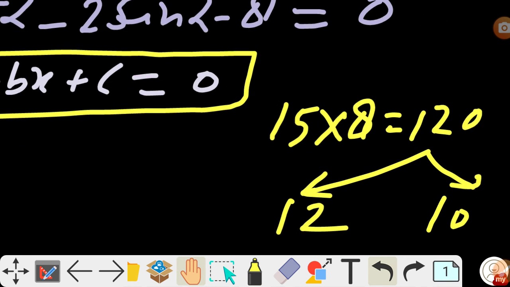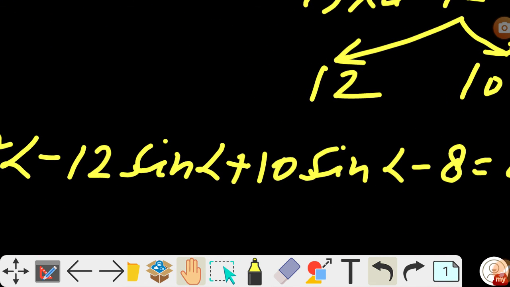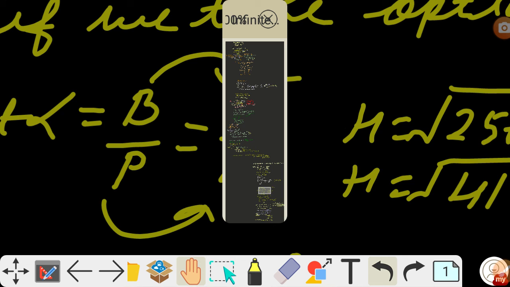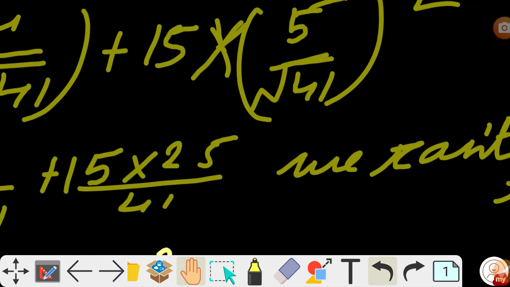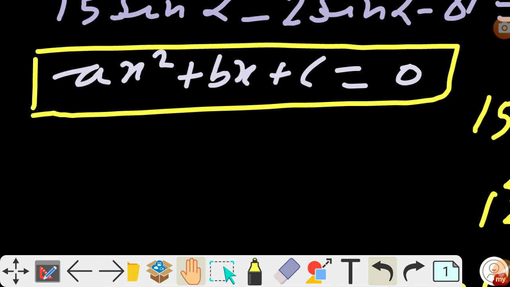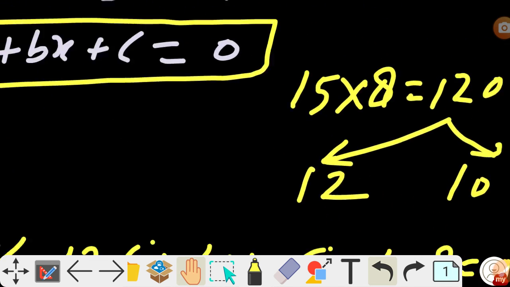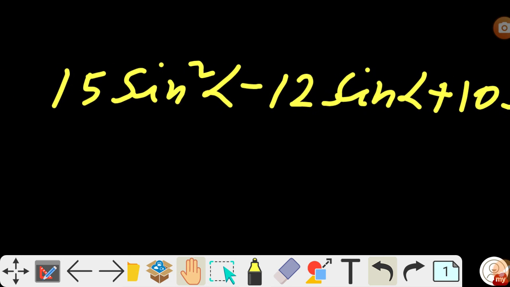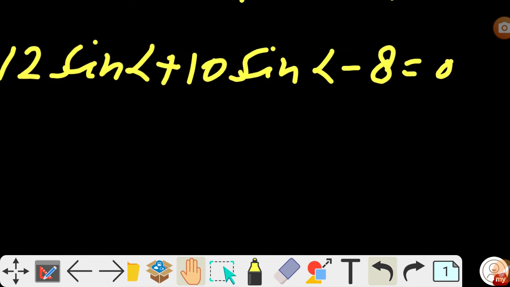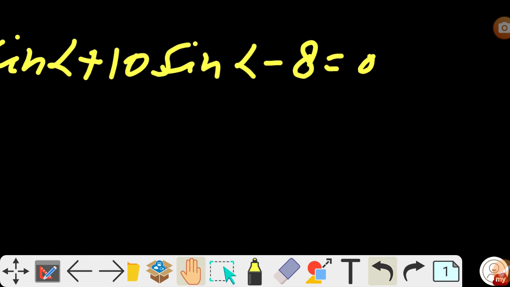If we add minus 12 and plus 10, then you get minus 2 sin alpha.